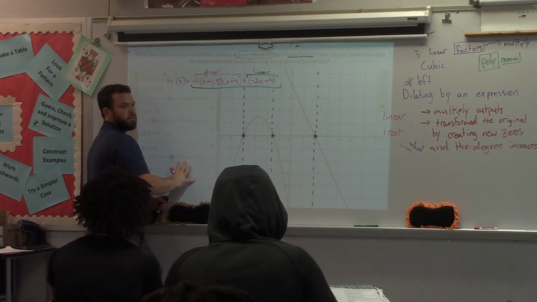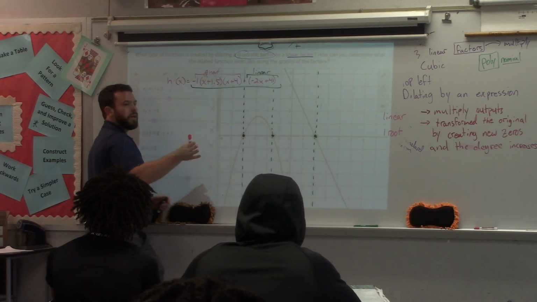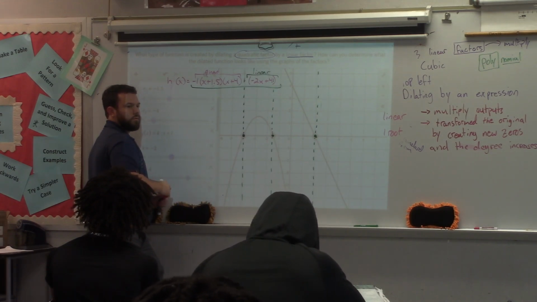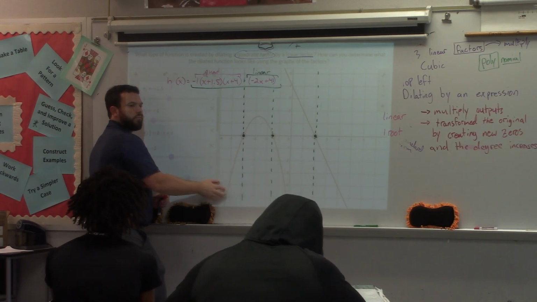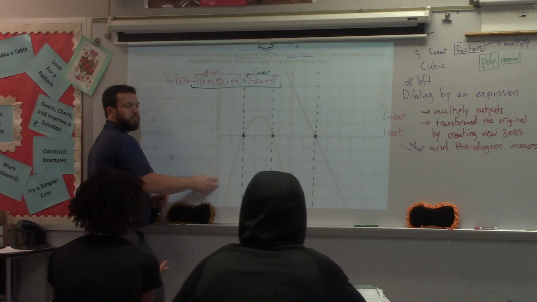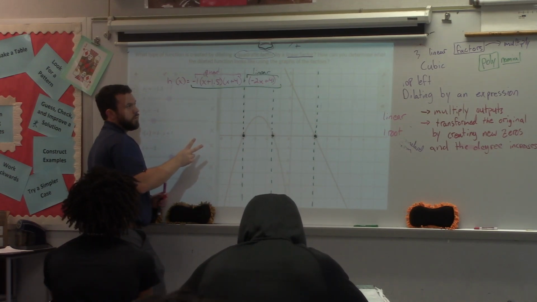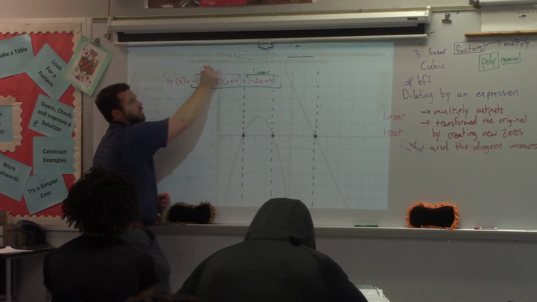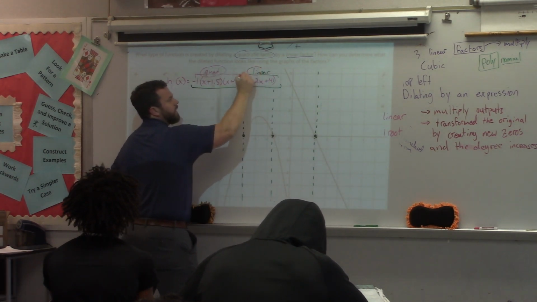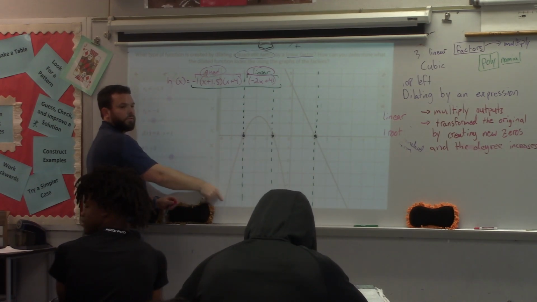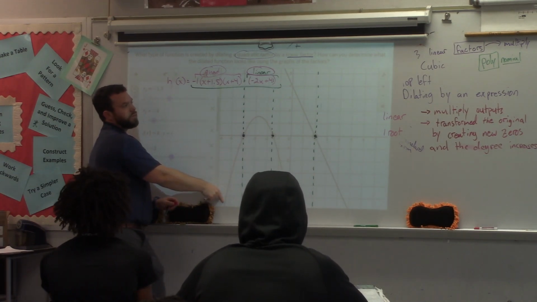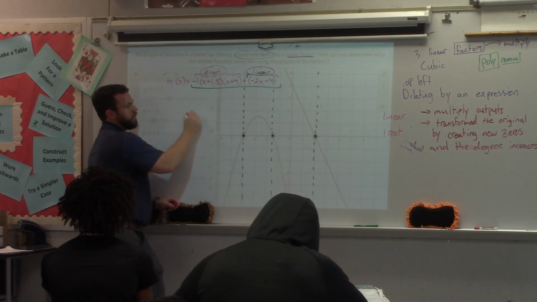Down. Why negative? Remember, I have a quadratic and a linear. Aren't you only referring to this quadratic right here? What's the linear going to be though? Is it positive or negative? Positive. So the quadratic here is negative.